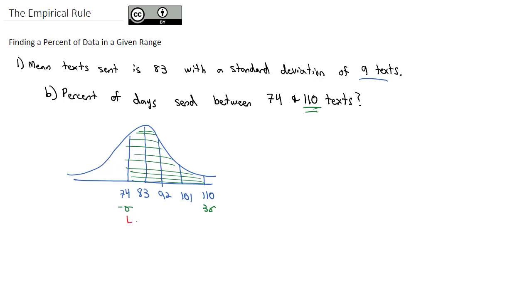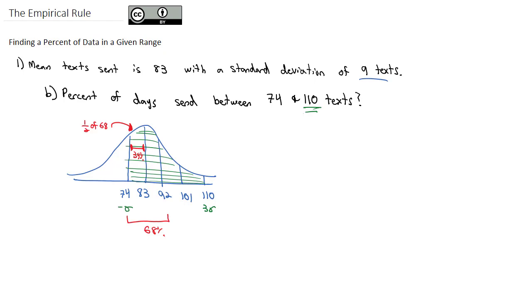Well, we know that the 1 standard deviation range is 68% of our data values. If I just want the one side, that would be half of 68, which is 34%. So from the mean down, that's 34%.